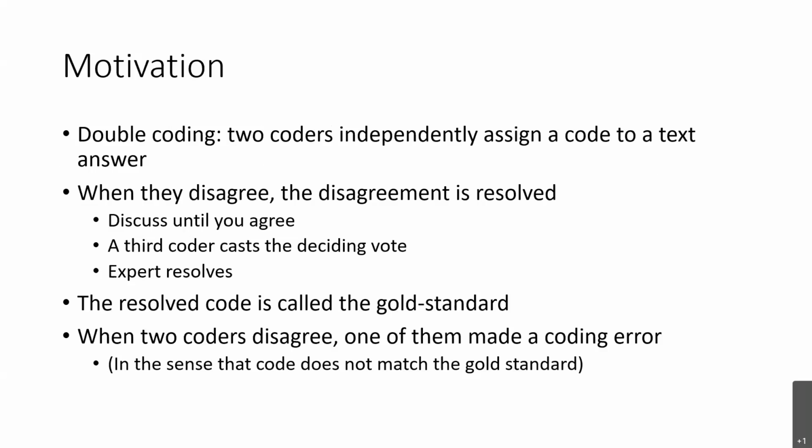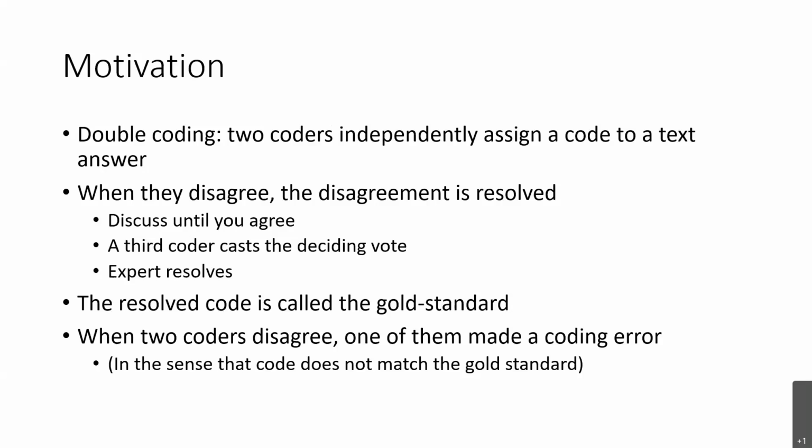So, for example, they might discuss until they agree, or you might get a third coder who casts the deciding vote, or you might get an expert third coder, such as the investigator, him or herself, or somebody else who's an expert, and they decide.